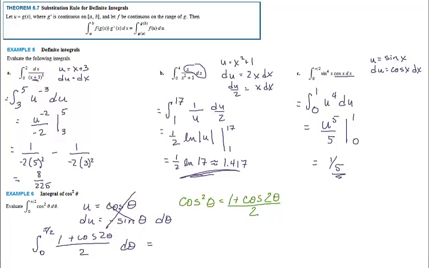Then I can break this apart, and I can have the integral from 0 to pi over 2 of 1/2 d theta plus, I'm just going to put that 1/2 out front, the integral from 0 to pi over 2 of cosine 2 theta d theta.